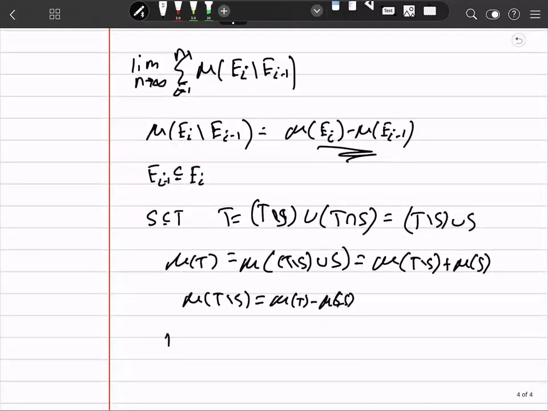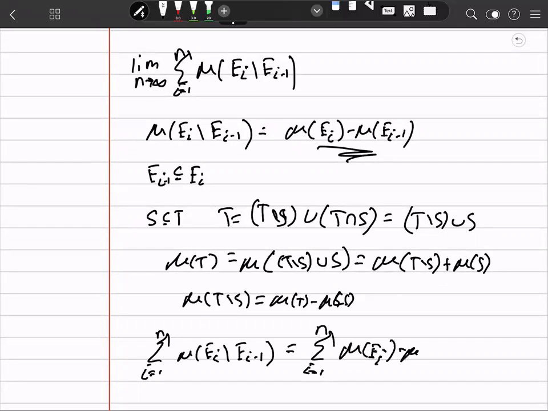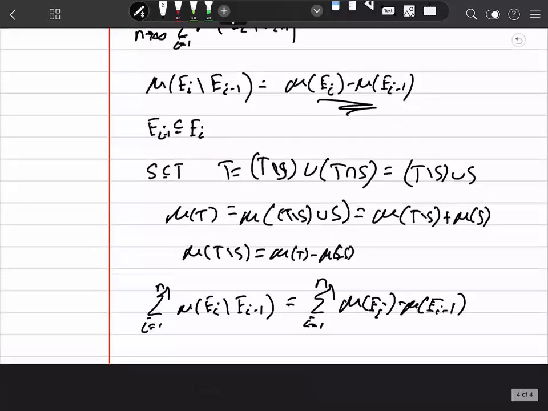So if we look at the sum from I equals 1 to n of mu of E sub I set minus E sub I minus 1, that's going to be the sum from I equals 1 to n of mu of E sub I minus mu of E sub I minus 1. Right, and when I is 1, this term here is going to be 0.